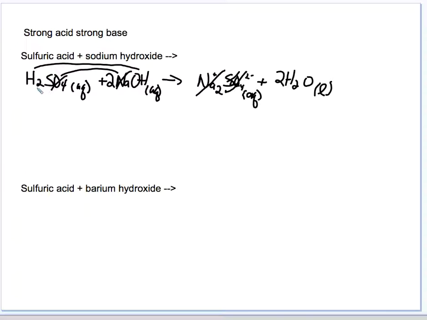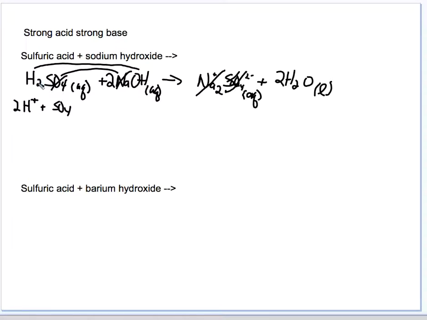H2SO4 is really 2 hydrogen ions plus a sulfate ion. That's really what H2SO4 is. It's not hydrogen gas here, so it's not diatomic H2.